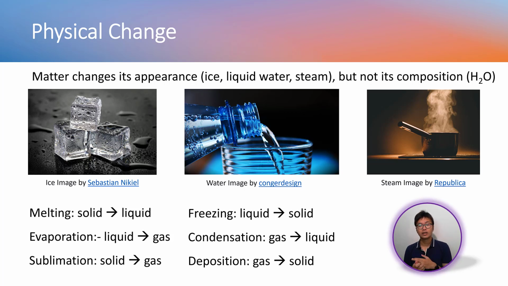We can have condensation. Condensation will be the process from gas to liquid. And finally, the opposite of sublimation is called deposition. It means going from gas phase to solid without going through the liquid phase. So those are the 6 different types of phase transition that you will need to know.